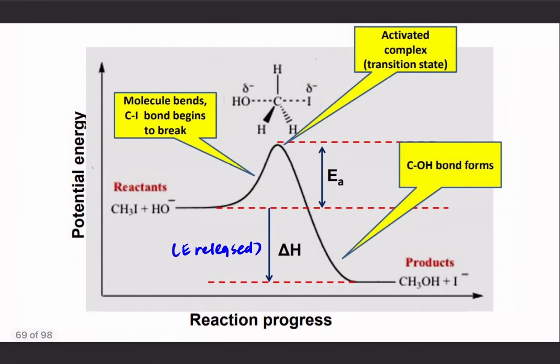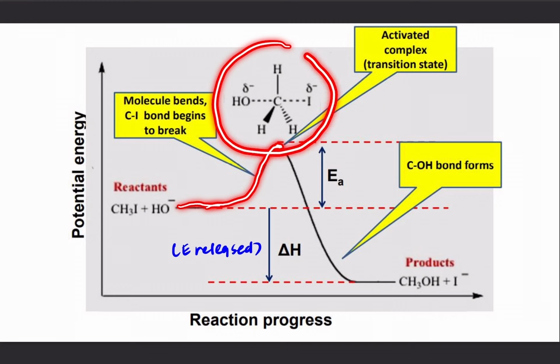Okay, so the energy profile diagram for that reaction will look like this, where we have our reactants, methyl iodide and hydroxide ion, and it will gain energy during collision, and then it will reach its activation energy. Once it reaches its activation energy, it will form the activated complex.